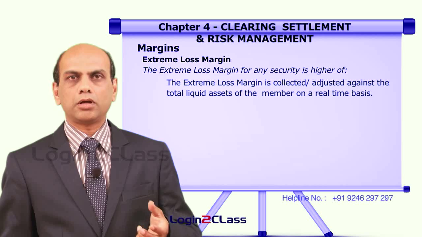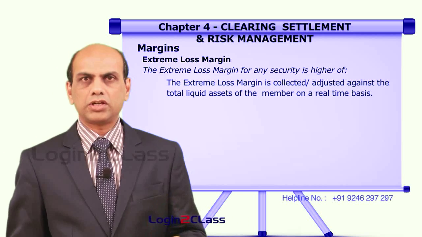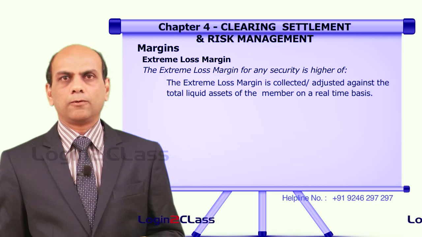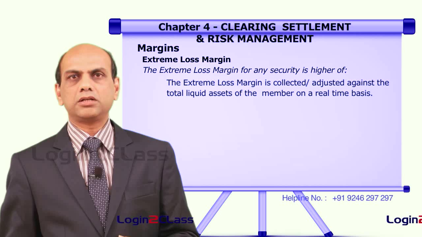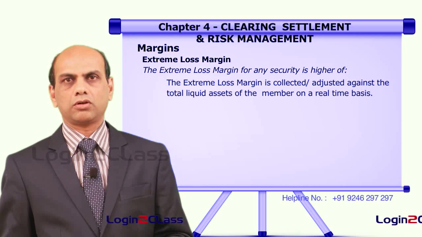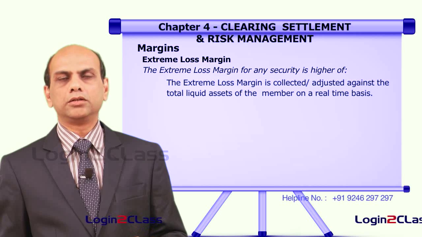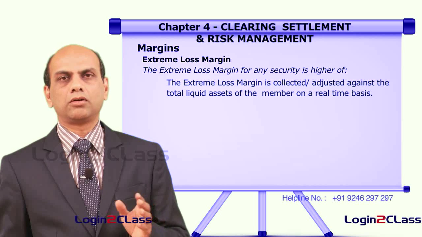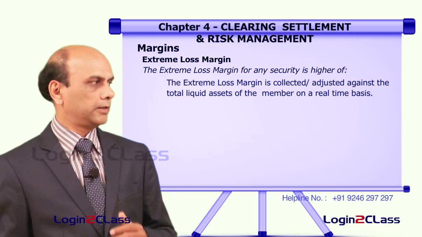So, if a trading member has liquid assets lying at the stock exchange, they will keep track of the extreme loss margin of the transactions of the trading member and accordingly use the liquid assets of that trading member for the security positions they are taking.